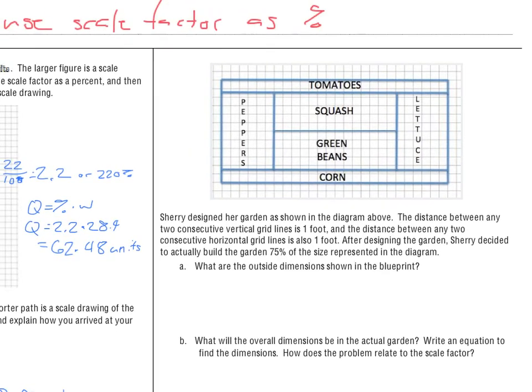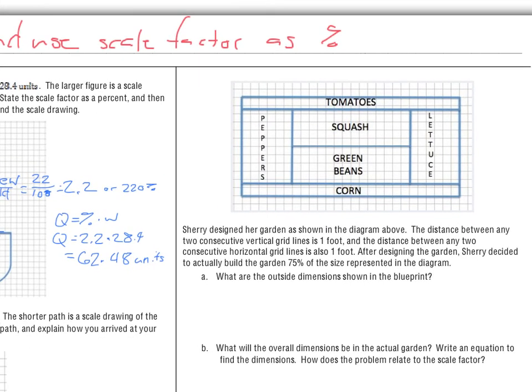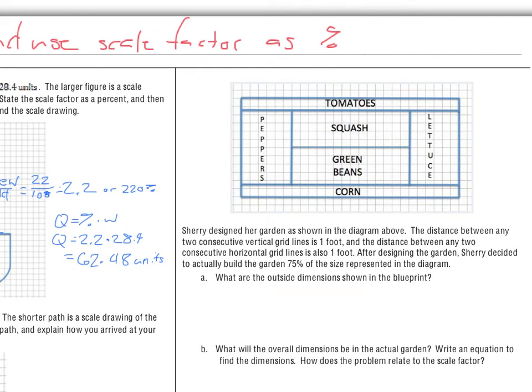So this is really just asking us to count what the outside dimensions are. So let's go ahead and count it, and we'll just label it up here. So it wants to know our outside dimensions. And if we count that off, 1, 2, 3, 4, 5, 6, 7, 8, 9, 10, 11, 12.